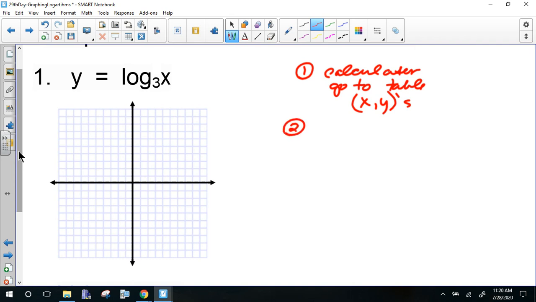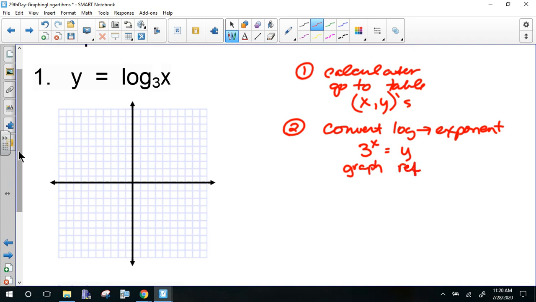Number two, you can convert the log to exponent form. In this case, it would be 3 to the x equals y. And plot it and do the inverse, so graph and reflect it over y equals x. If you don't have a calculator, number two is the best option.